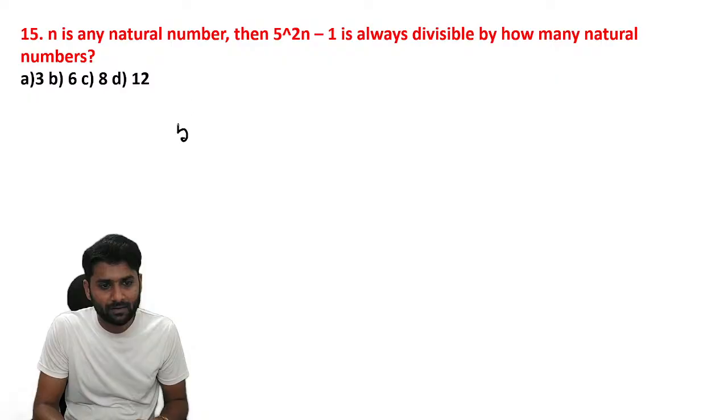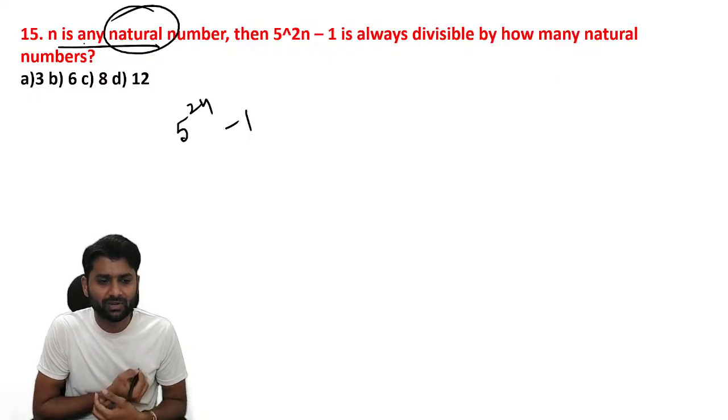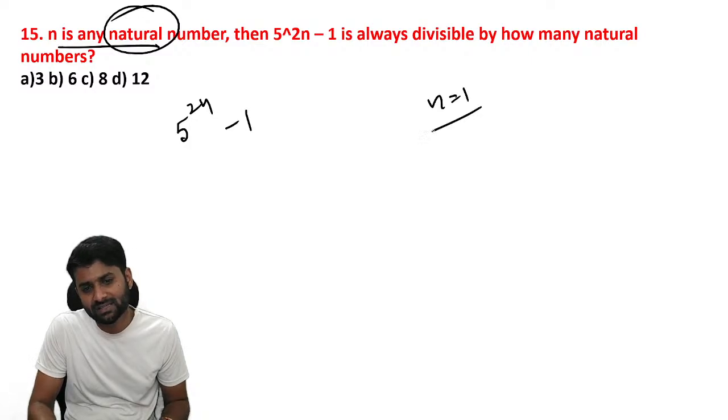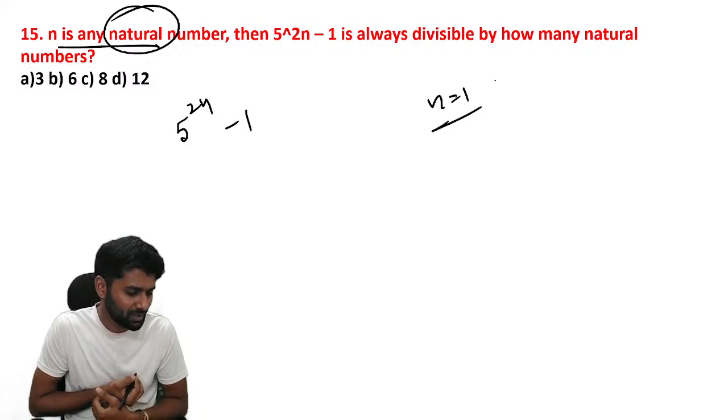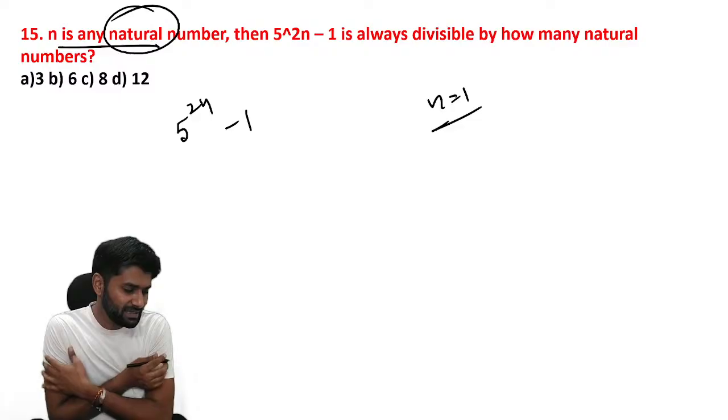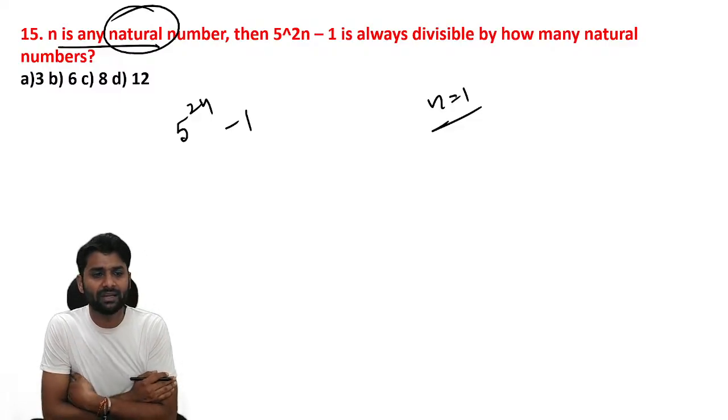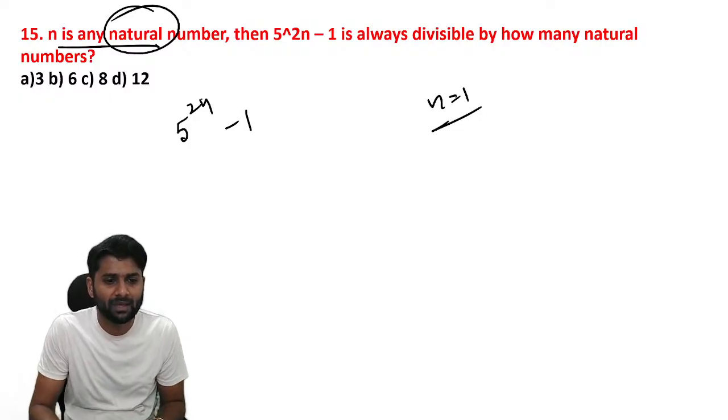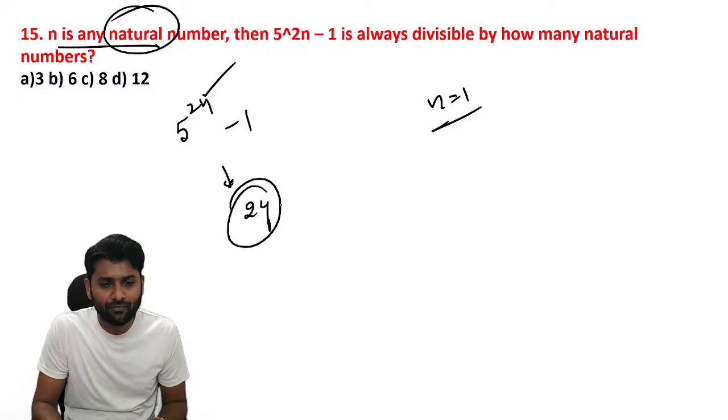Next one: 5 power 2n minus 1. If n is any natural number, you can consider n equal to 1, 2, 3, anything. You can replace it. If n is a natural number, then how many natural numbers exactly divide 5 power 2n minus 1? Consider n as 1: 5 square minus 1 is 24. Now find the factors.